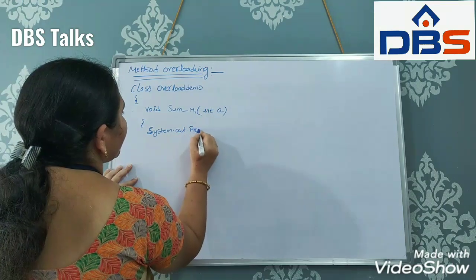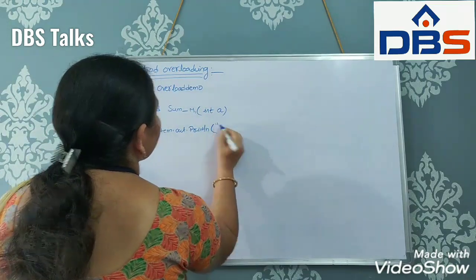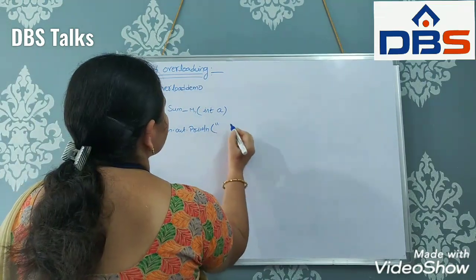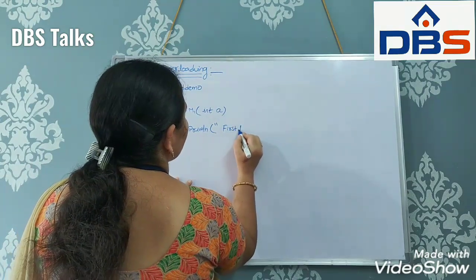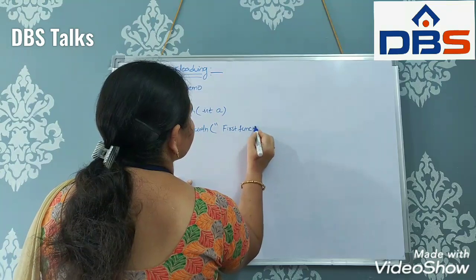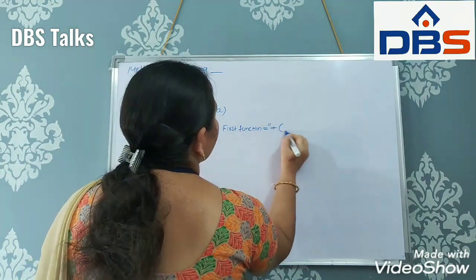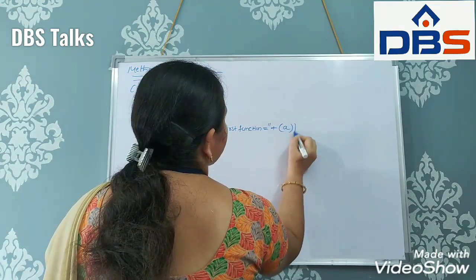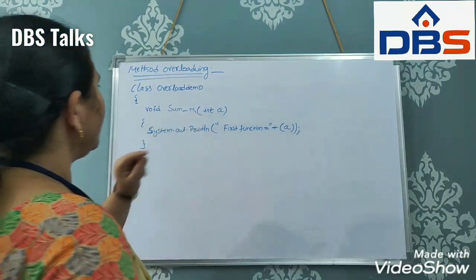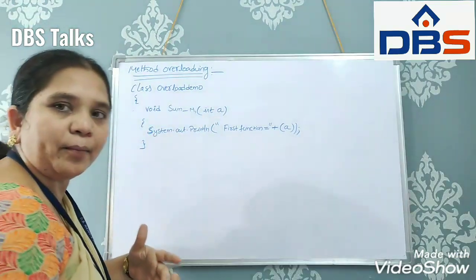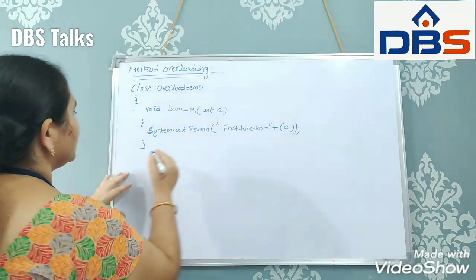System.out.println first function equal to a. Then close this method. Then I will create another method with different parameters, meaning different signatures.